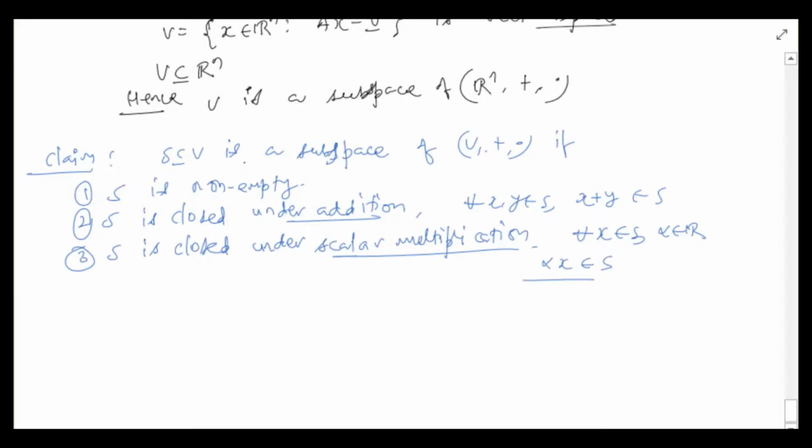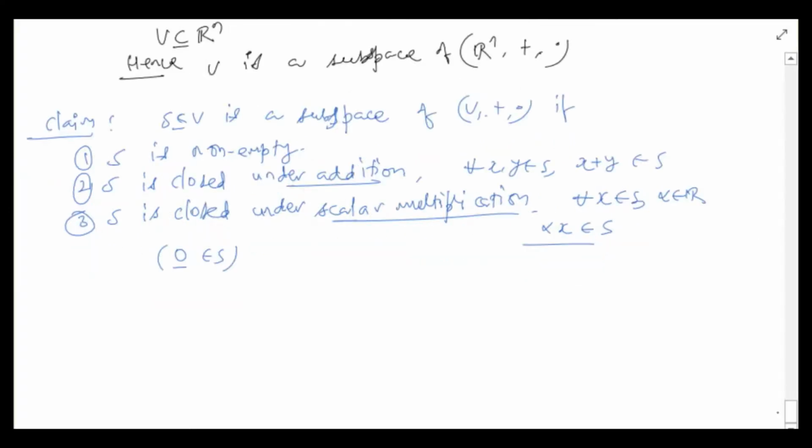So what I mean is that if S is a subset of V, where V plus dot is a vector space, then S will also be a vector space. In particular, it will be a subspace of V if these three conditions are satisfied. The third condition in particular implies that the 0 vector has to be in S. If S does not contain the additive identity of V, then S cannot be a subspace of V.